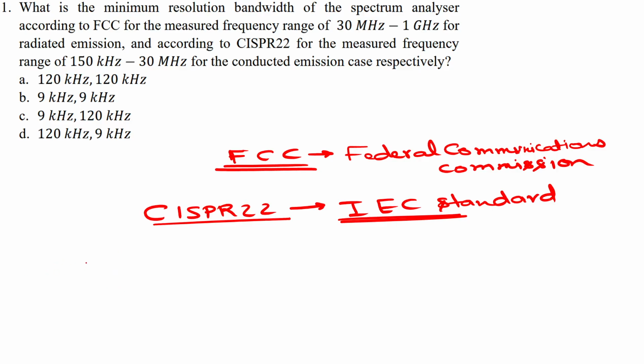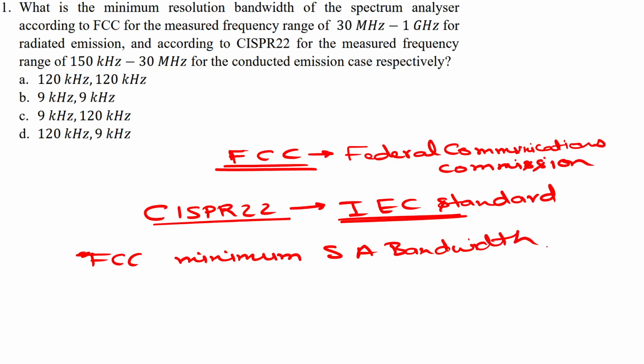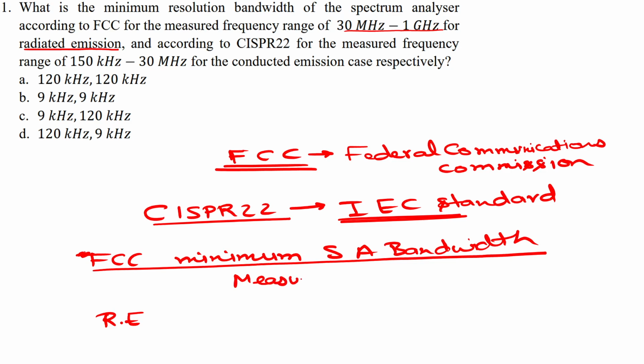So according to FCC, the minimum spectrum analyzer bandwidth is defined differently based upon the frequency range. Now we are talking about radiated emission. In the question they are asking about 30 megahertz to 1 gigahertz for radiated emission.